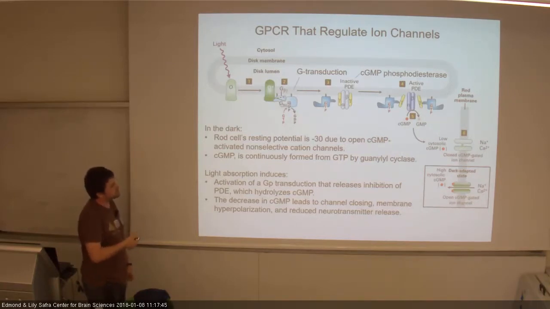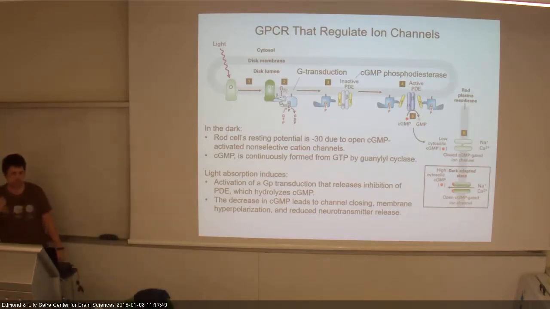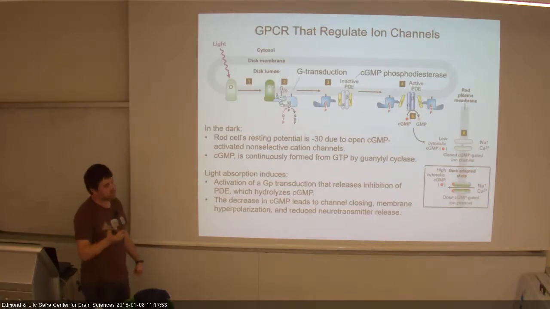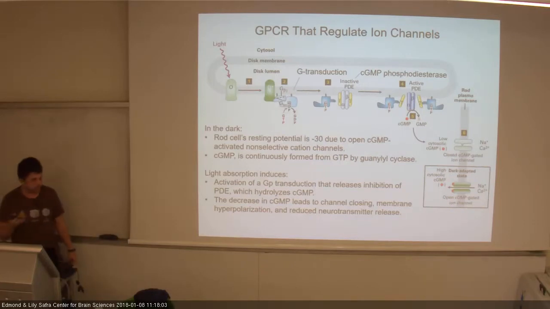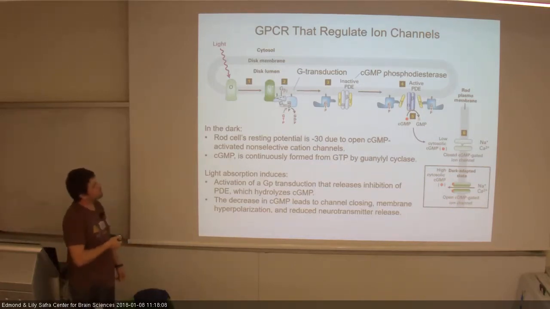But what it does is give us the ability to detect close to a single photon. When the system is fully sensitive, we can detect a single photon, because a single photon can elicit such a massive response in the cell that we can interpret it. And in biological terms, it is probably more beneficial to be able to detect something than to be able to detect something very, very fast.